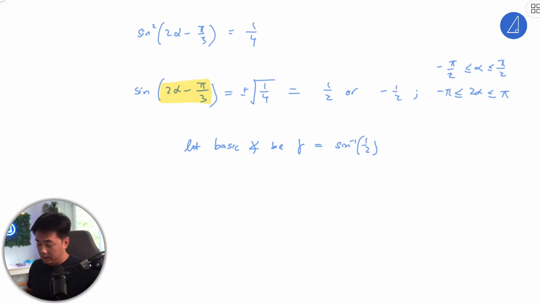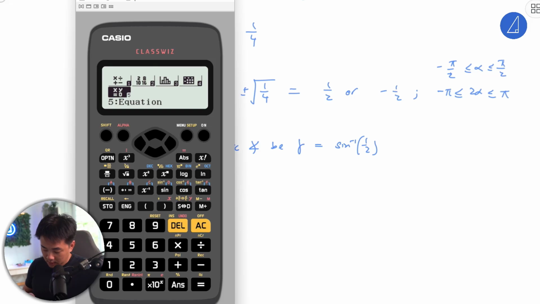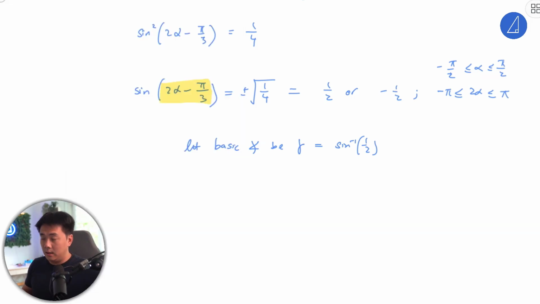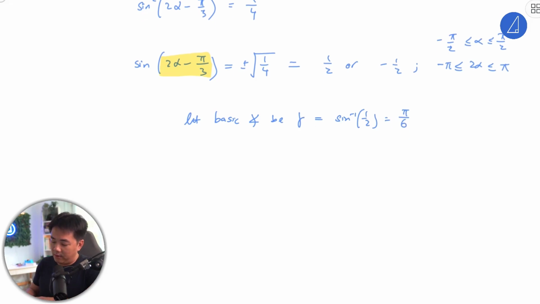If you key it in the calculator in degrees, you realize that it's actually 30 degrees, which, if you divide by 180, is 1/6 pi, so pi over 6. This will be pi over 6. Okay, this is the reference angle.